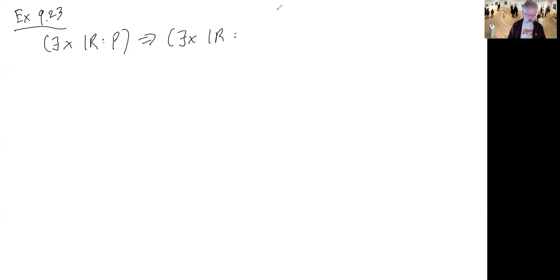I did exercise 9.23, which says there exists x in R, P implies that there exists x in R, P or Q or R.